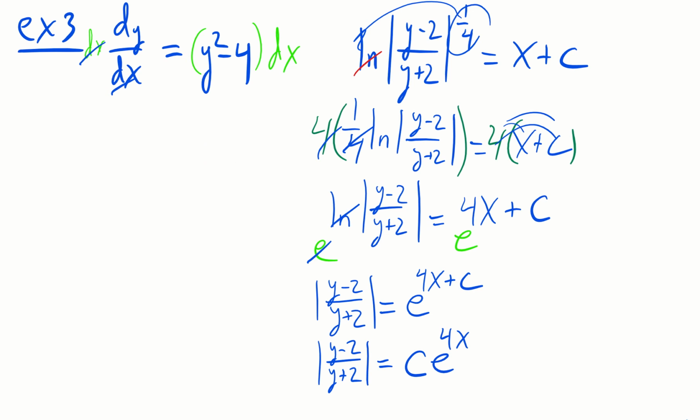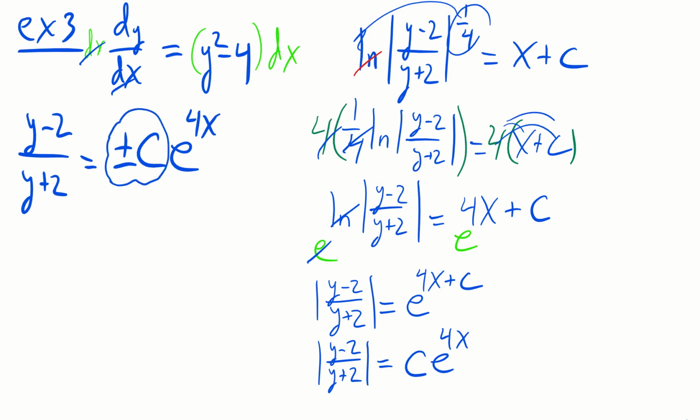So I'm going to remove absolute value bars by writing y minus 2 over y plus 2 equals plus or minus c e to the 4x. Again, this is either positive 1 or negative 1 times some constant, which is still going to be a constant. So I'm just going to call it c, just some constant, whatever it may be.